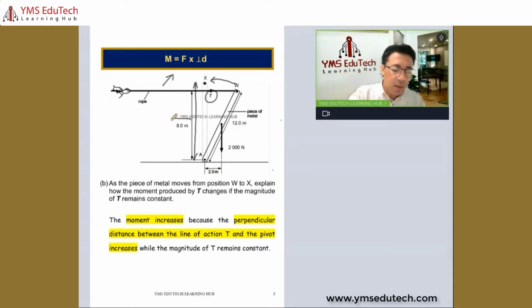Initially, it was 8 meters, and the point W moves to point X, which is higher. Explain how the moment produced by T changes. So, will it increase or decrease? Simply say, the moment increases. Explanation: because the perpendicular distance between the line of action of T and the pivot increases.